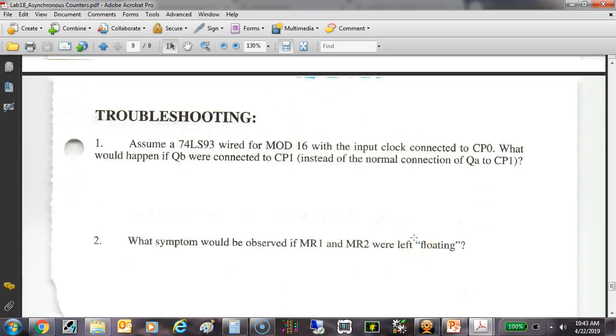Assume a 74LS93 wired for a modulus 16 with input clock connected to clock 0. What would happen if QB were connected to CP1, instead of the normal?